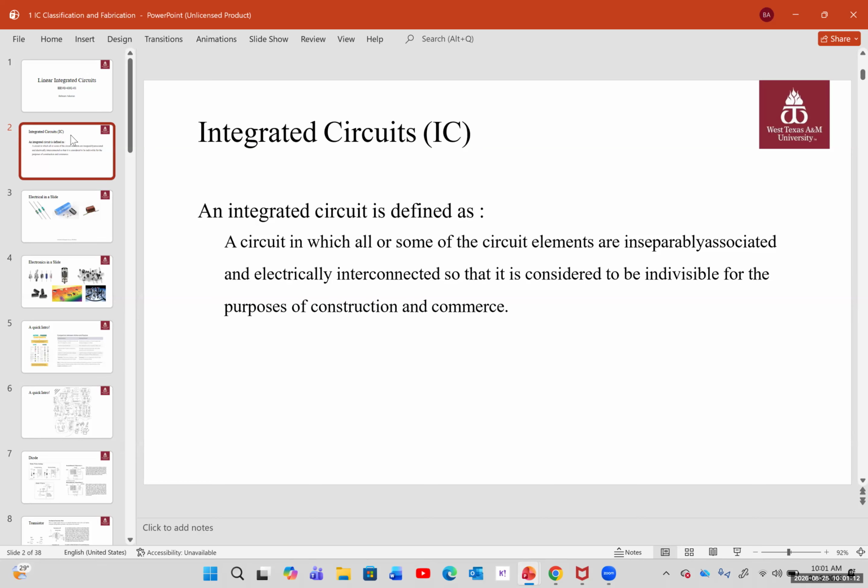We will go through some history of integrated circuits and different elements of integrated circuits. What does an active or a passive element mean? I would show you some videos on the fabrication of ICs and how sophisticated and complicated they have become.